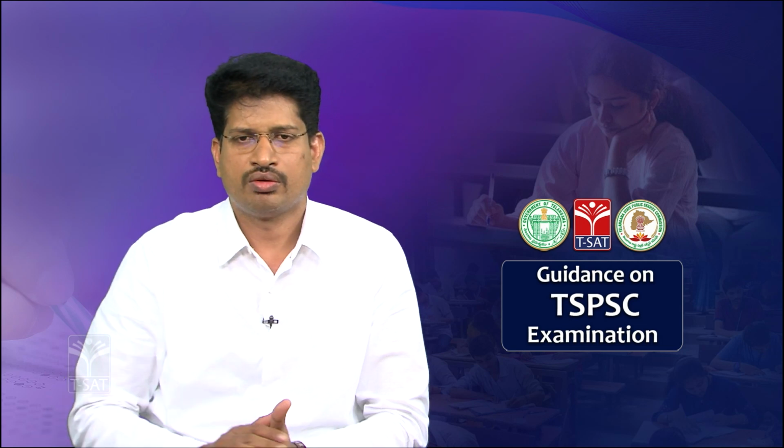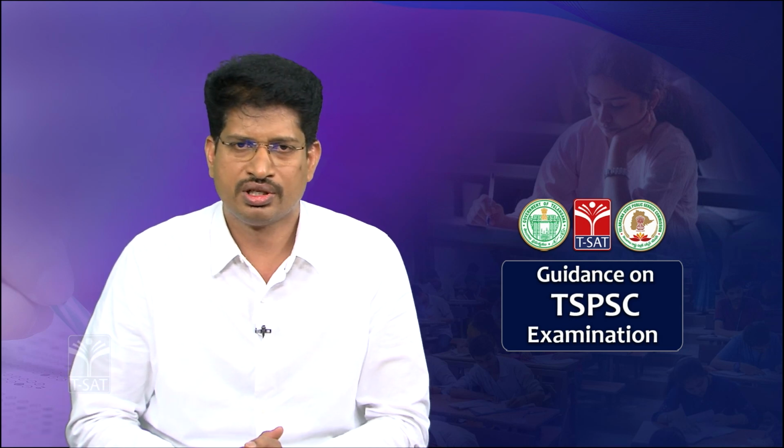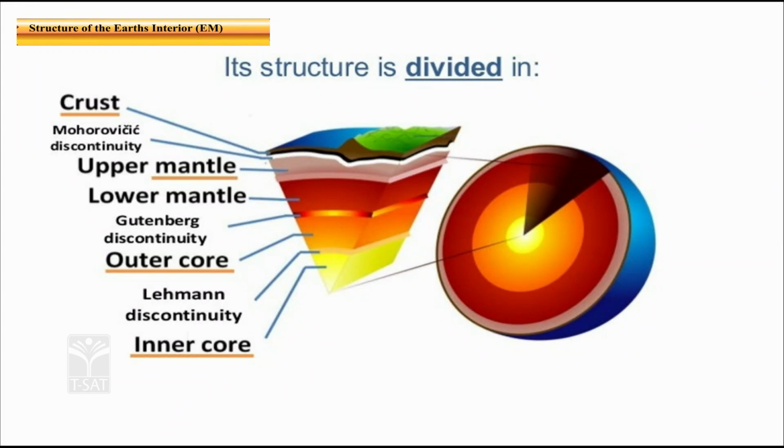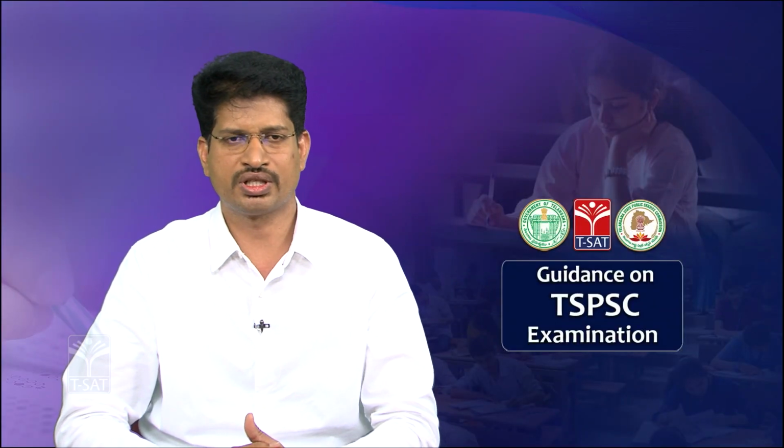When we consider the structure of the earth's interior, we have different layers. As I have mentioned, the earth is divided into different layers because there is a change in the nature of the layer in terms of density, thickness, depth, behavior, etc.